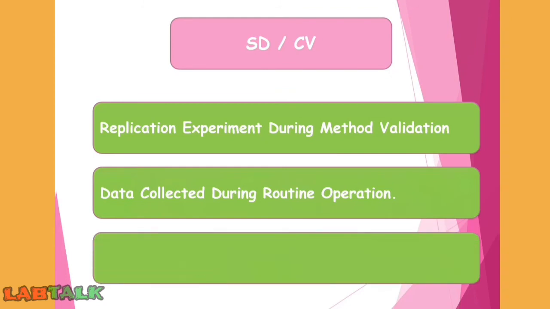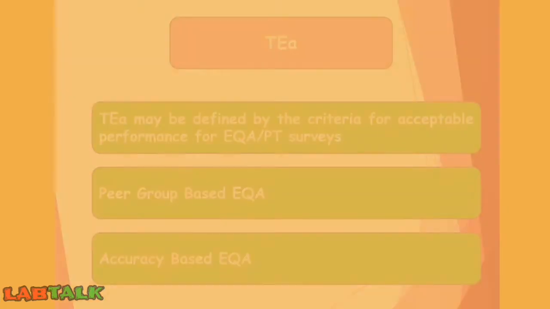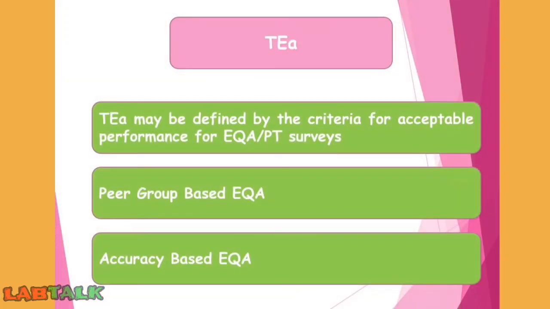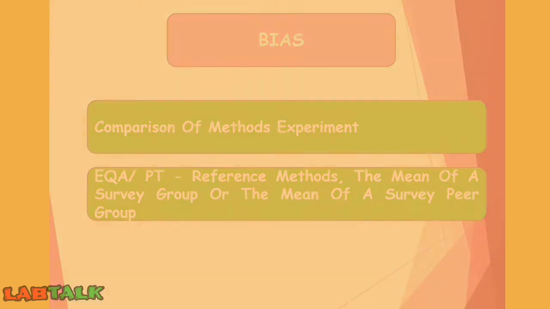So this is how we have collected all the three data for calculating the sigma metric. Total allowable error is required, which can be collected from the PT programs or from the CLIA guidelines. The next is the bias, which again can be collected from the PT program or from the in-house experiment for the bias calculation or accuracy, which is conducted during the introduction of the new test in the laboratory.